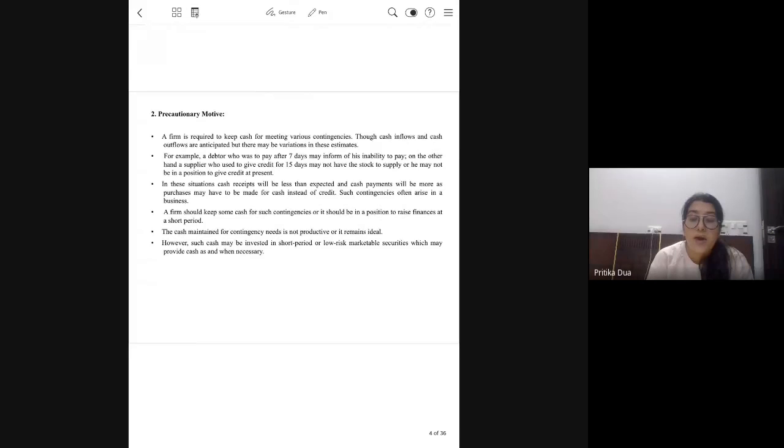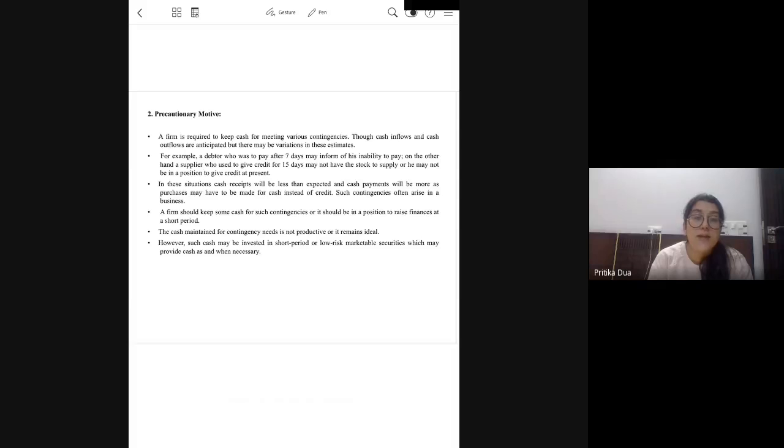So if you have given a credit period of 15 days and the payment is overdue even after 15 days, you'll need cash from some other source to meet the requirements of your business. So precautionary motive is keeping additional funds with the business so as to meet any unforeseen contingency.